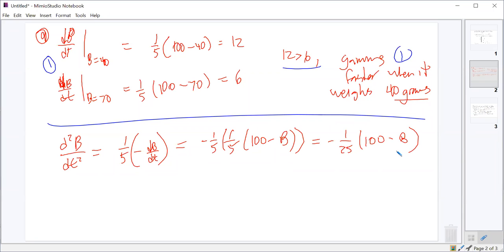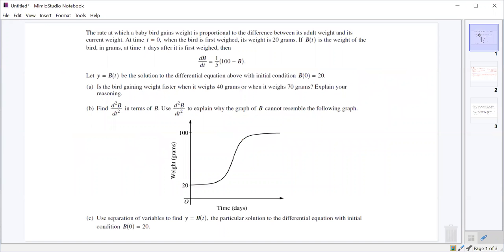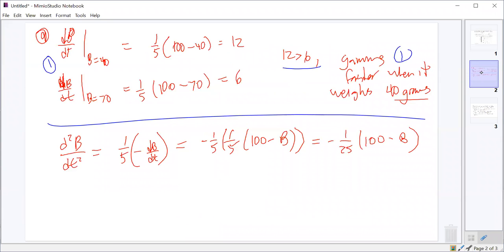And if we look at the graph, we'll note that this bird's weight is always less than 100 grams. True? You should see that. Which tells us that if B is less than 100, the second derivative should always be less than 0, because 100 minus B is going to be positive, and negative 1/25 of a positive is negative.